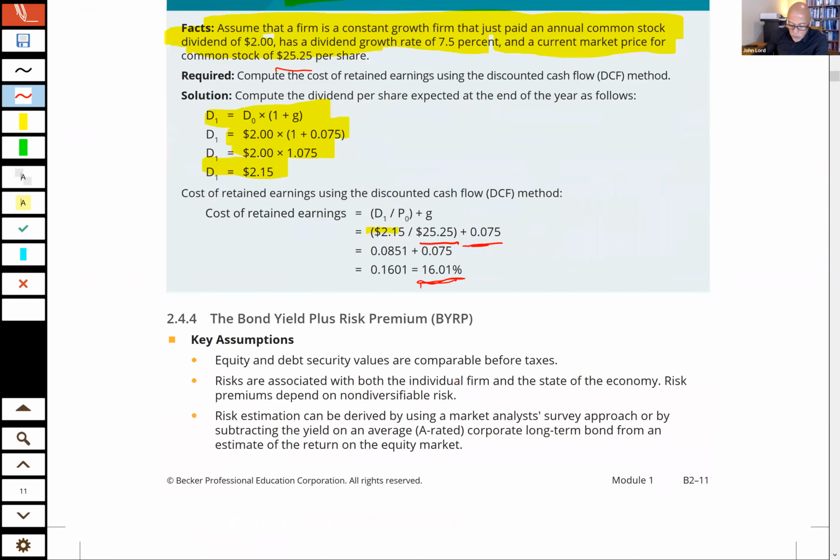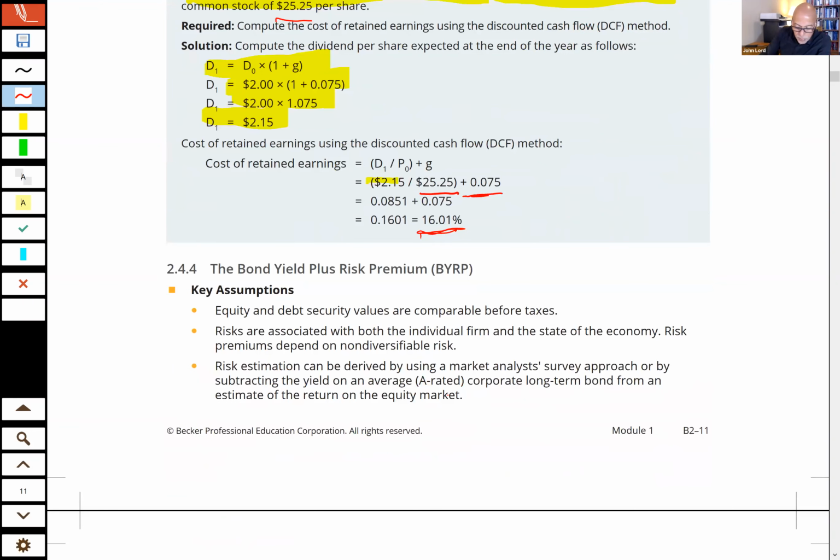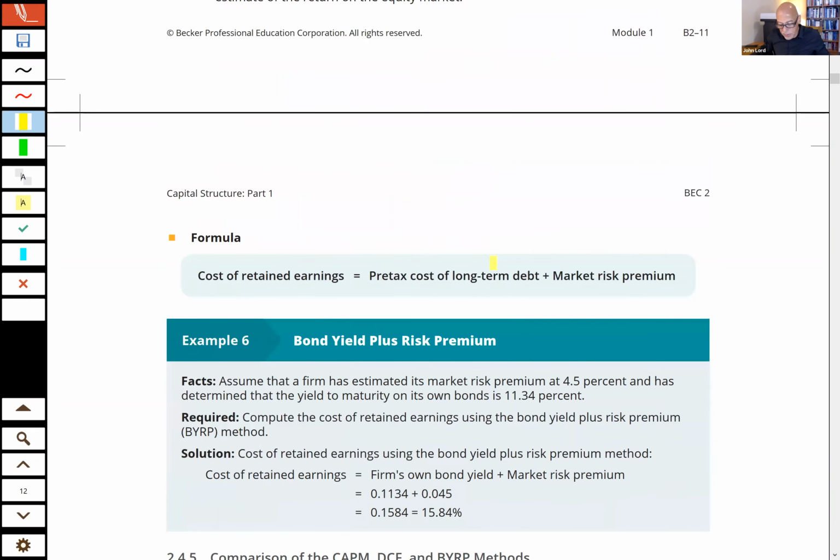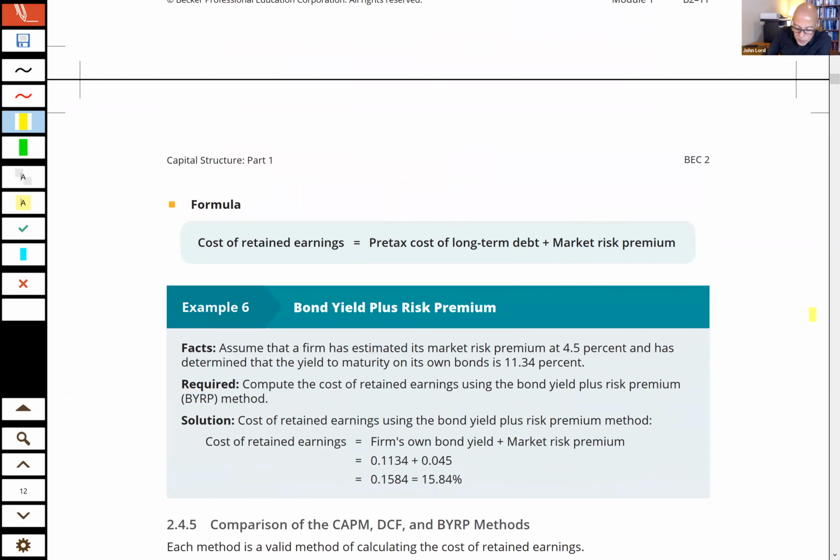Okay, good. And then the third method is the bond yield plus risk premium. Let's take a look at that on the next page. Basically, the cost of retained earnings for this method is going to be the pre-tax cost of debt plus a market risk premium.